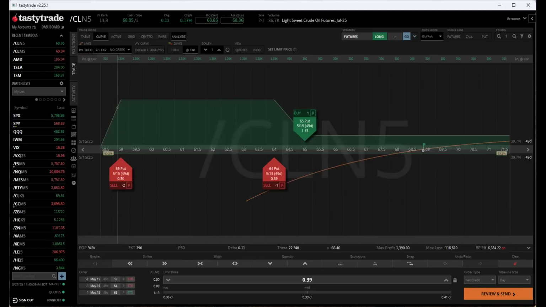Do we have a bias on oil, up or down? I really don't. It's been on a tear to the upside, but it's running into some resistance levels here. So I certainly think down here, 65, we're putting this on at 59 on the chart. 65 is the lower part.